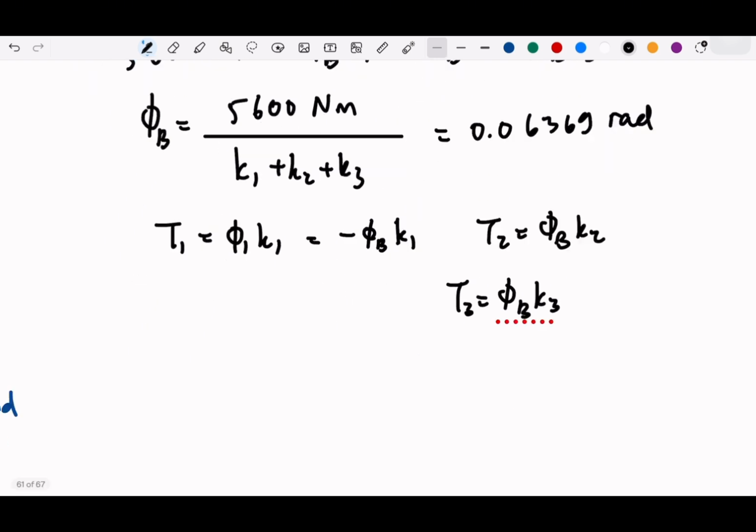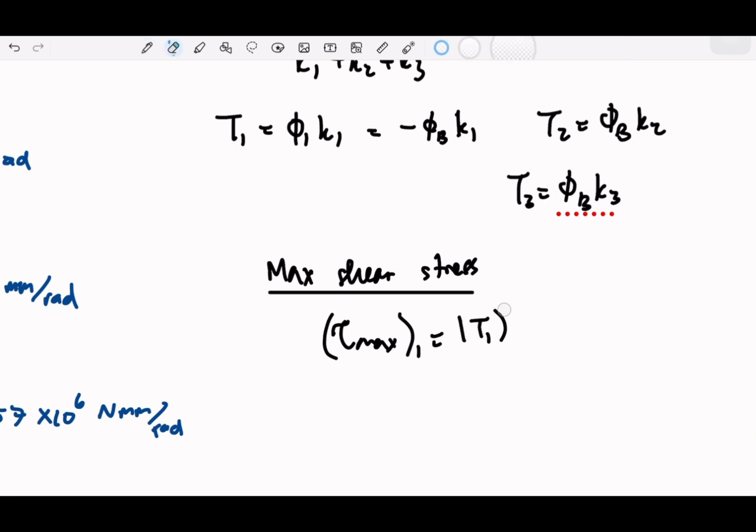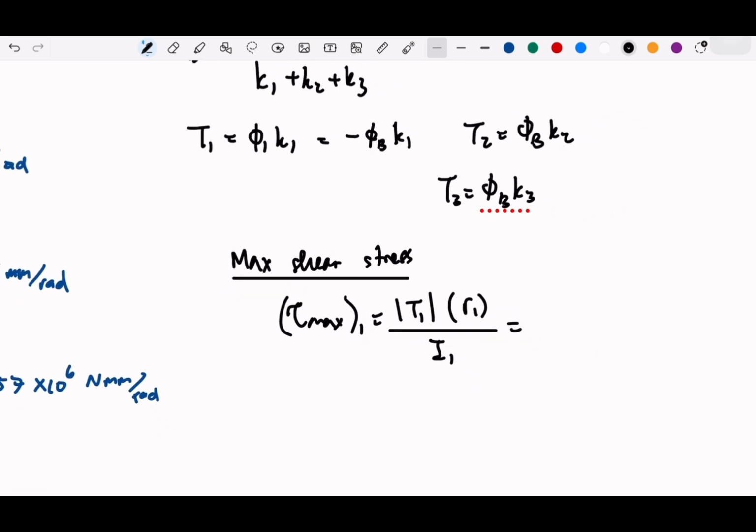And then the second part is the maximum shear stress. So when we get these equations, we solve the equation. For the rest of the questions, we just put in the numbers and compute using a calculator. So I think it's very easy, but the difficult part is at the beginning. Okay. So tau max will be T1 times radius 1 divided by inertia 1. Compute this and you get around 100.15.